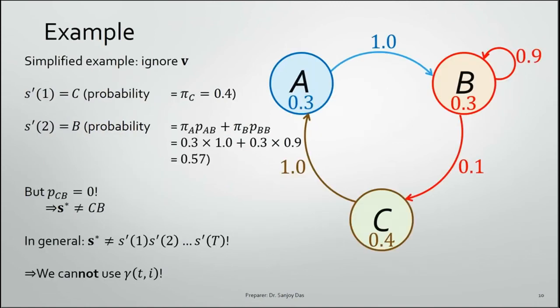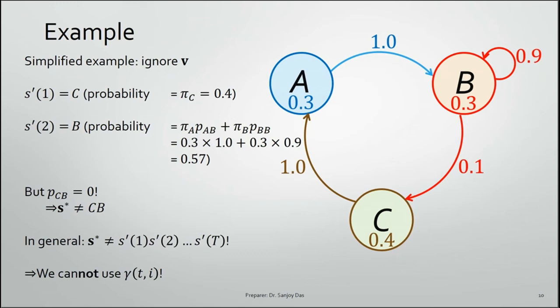This little example will illustrate the point that if we concatenate for each time step the most likely state at that time step, we do not get the most likely sequence of states. In this example, we have an HMM with 3 states, A, B, and C, and the initial state probabilities are 0.3, 0.3, and 0.4. The transition probabilities are shown by arrows.